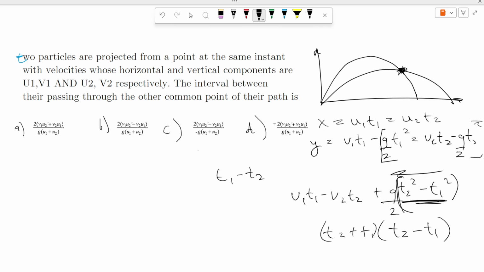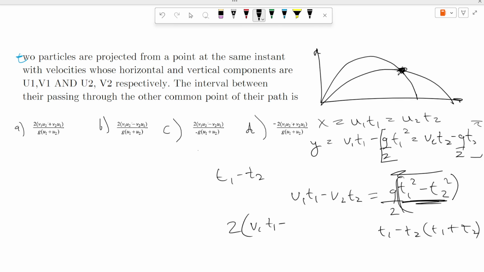Now what we could have done better was keep it at this side and write it as this expression. Then we get t1 minus t2 and t1 plus t2, and we put it up here and we get v1 t1 minus v2 t2 upon g, accompanied by t1 plus t2.